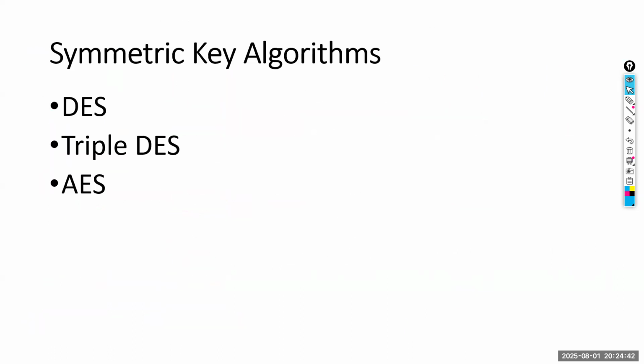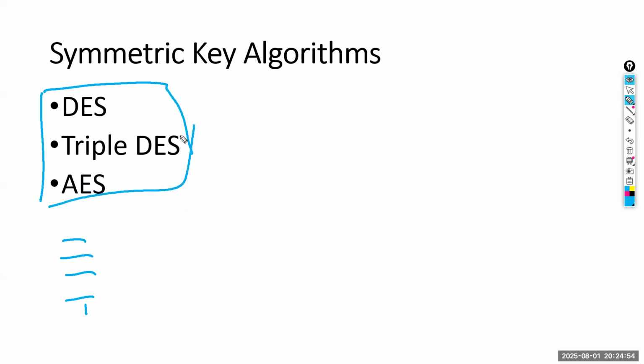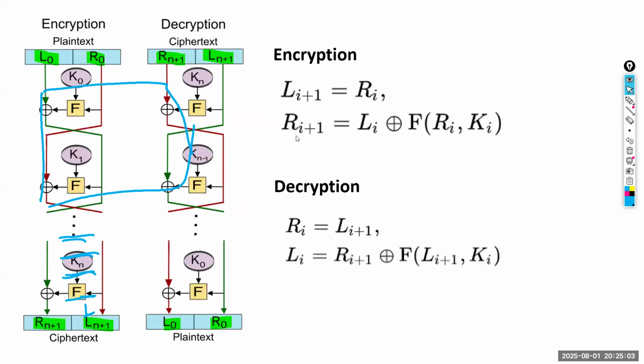Now we look at the three popular symmetric key algorithms. Other than these, we are going to look at a few more, but these are the three that we are going to look at in detail. The others we will just mention. So look at this diagram.